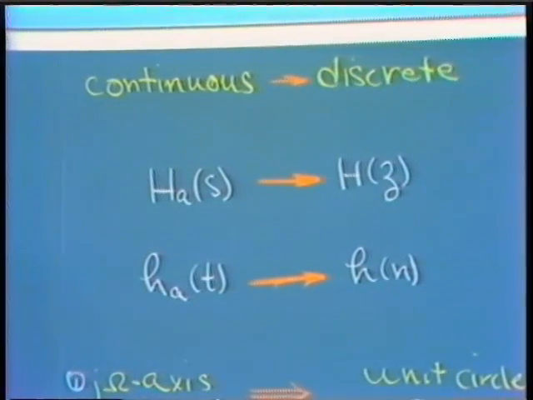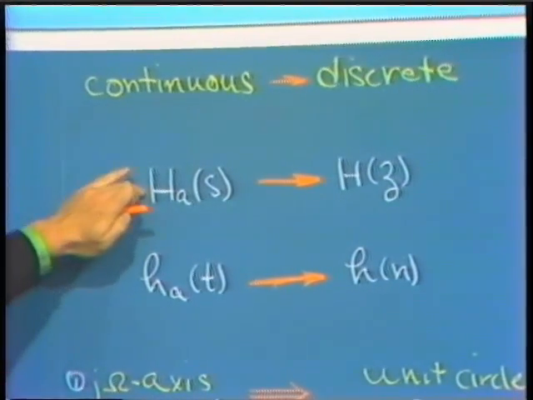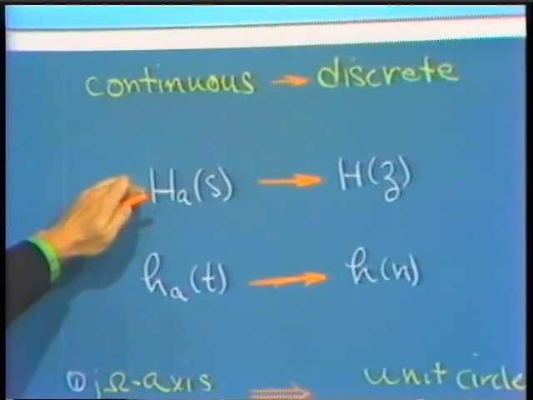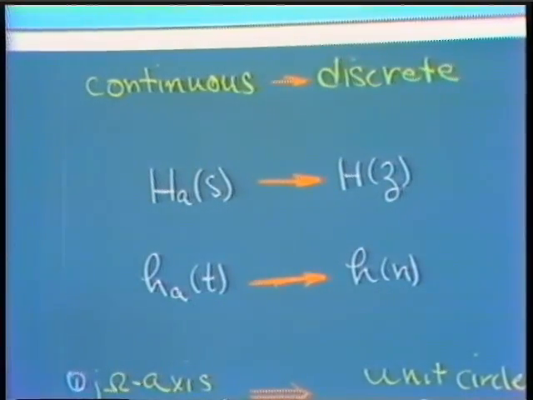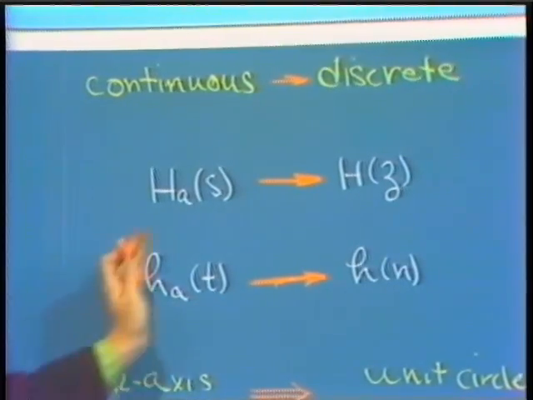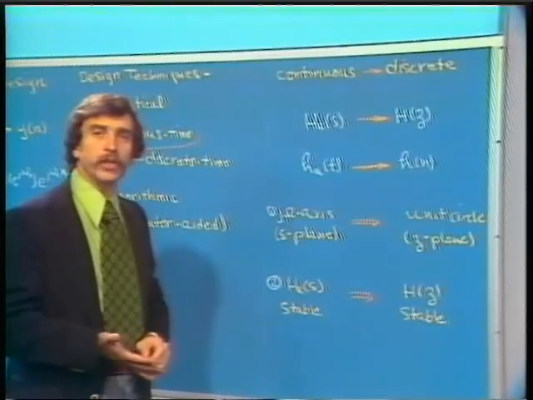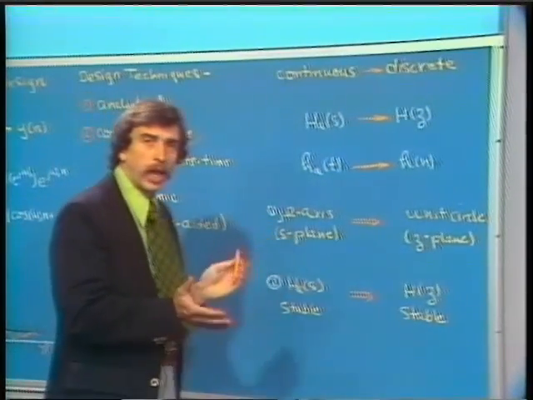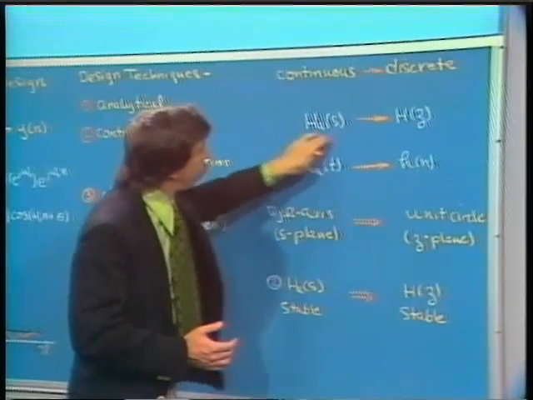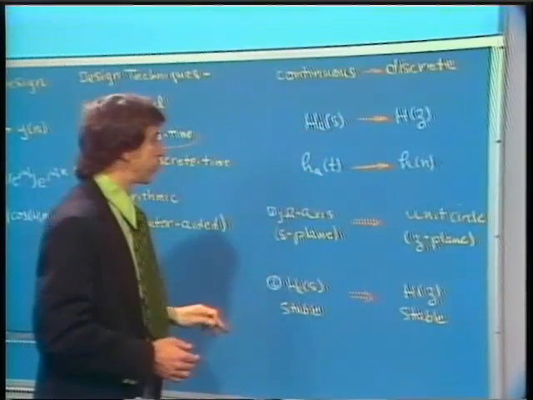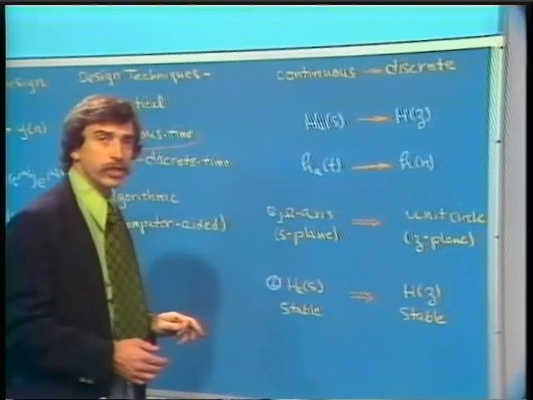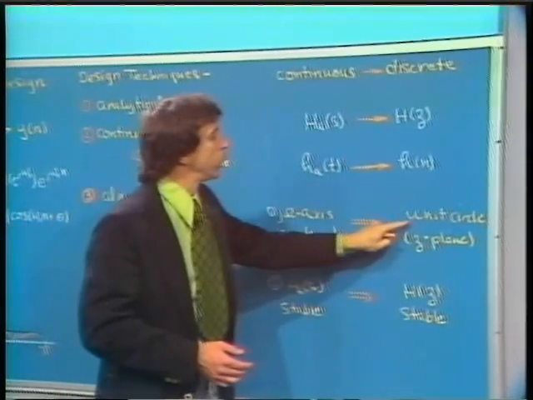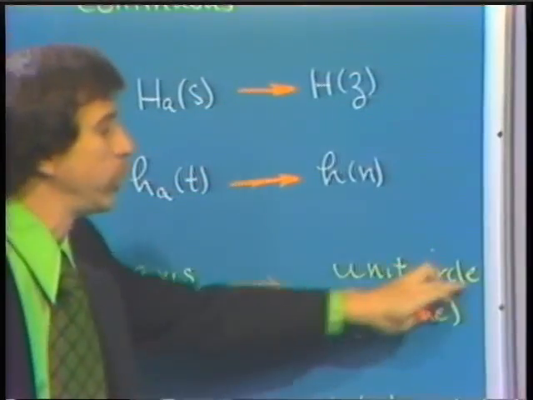And we'd like to do this, of course, in such a way that if this was a good filter in the analog domain, then this will be a good filter in the digital domain. Of course, in designing digital filters by implementing a mapping of this type, there are some obvious restrictions that we would like to impose. One of which is that we would like the behavior of h sub a of s, the analog system function, on the j omega axis to map to a corresponding behavior on the unit circle.